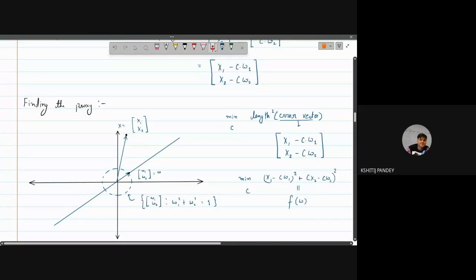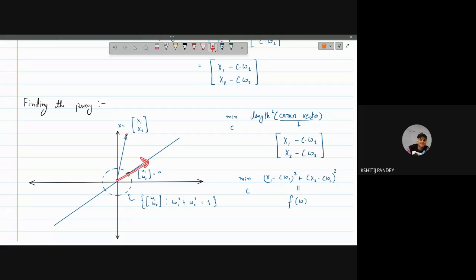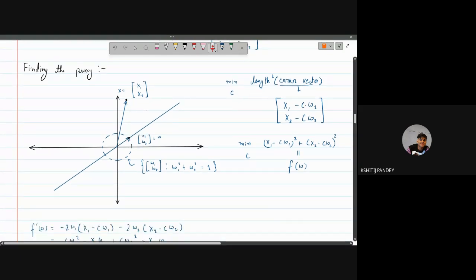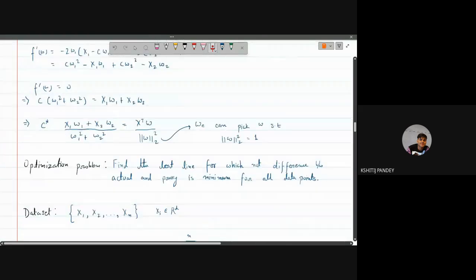This is nothing but the projection of the vector on the line, as someone said. Sorry, I didn't pay attention to the name, my bad.